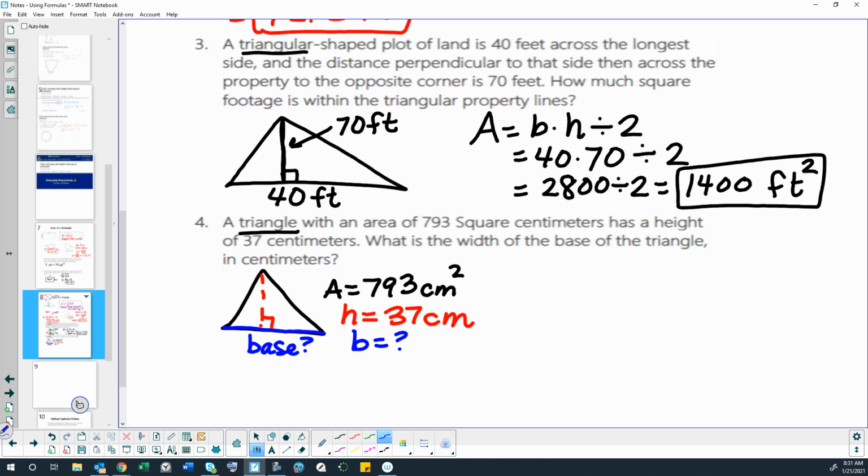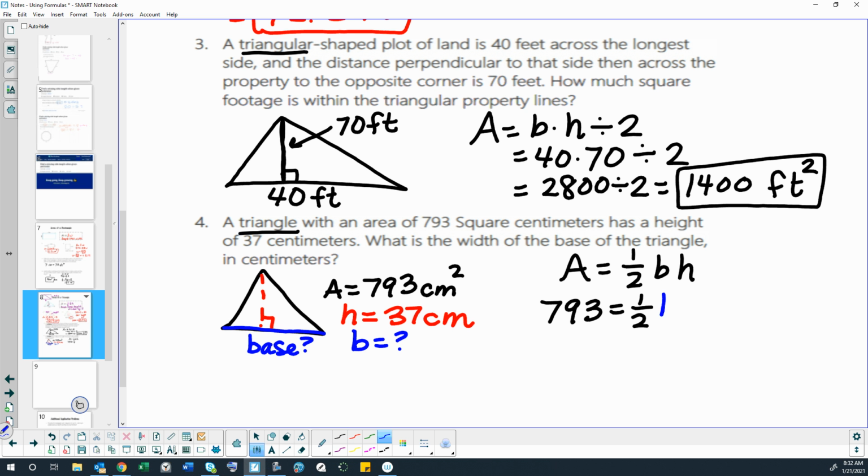Well, let's take our formula. This time I'm going to do this a little bit more formally as an algebra problem using the formula. So my formula, remember, is area equals 1/2 base times height. So I'm going to plug in everything that I know. So I know the area is 793. The 1/2 is always going to be a 1/2 because the triangle is always half of the size of the rectangle.